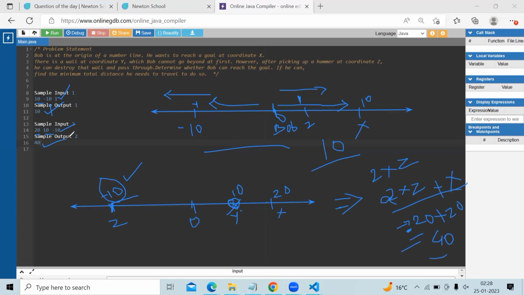So this is the minimum distance to travel. That is, this is minus 10, 20, 30, and this 10, so it is 40. If there is a minus sign, we have to remove this minus sign. So for that, we'll use the math function, which is math.abs, to remove this minus.